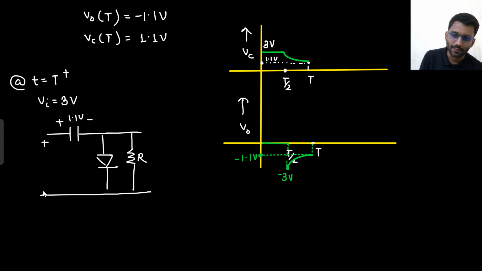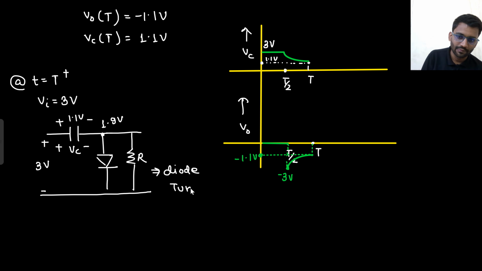And here this is 3 volt. What will happen? 3 minus 1.1, this potential will be 1.9 volt. What will happen? The diode turns on. This is our VC. The diode turns on.